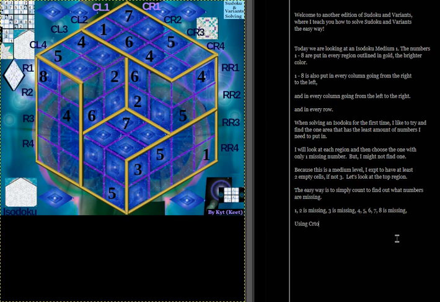Using cross-hatching, I then look to see if I can find a 2, 3, or an 8 in the CR2 or CR4 columns.